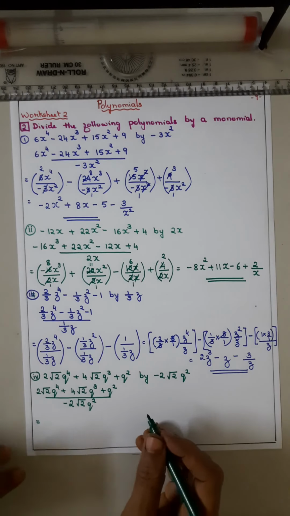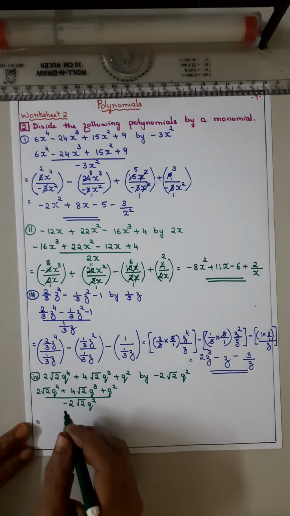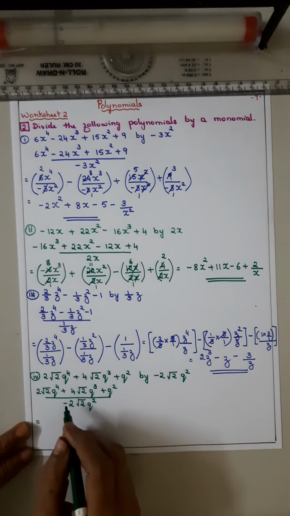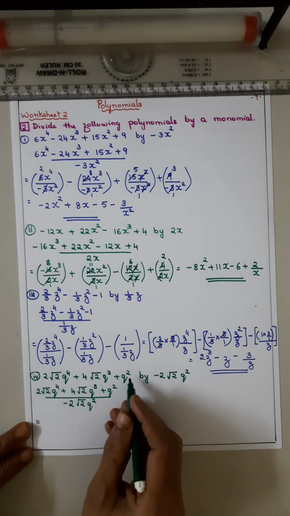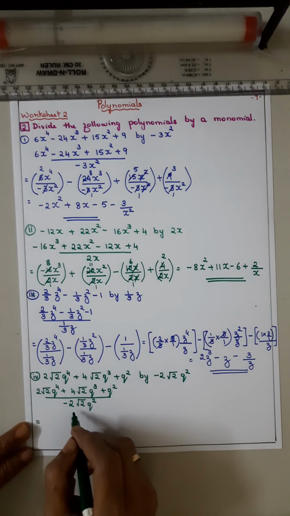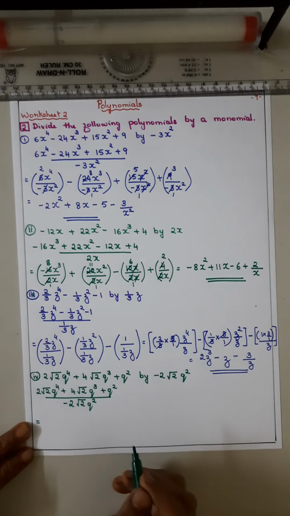It is 2 root 2 q to the power 4 plus 4 root 2 q cube plus q squared upon minus 2 root 2 q squared.